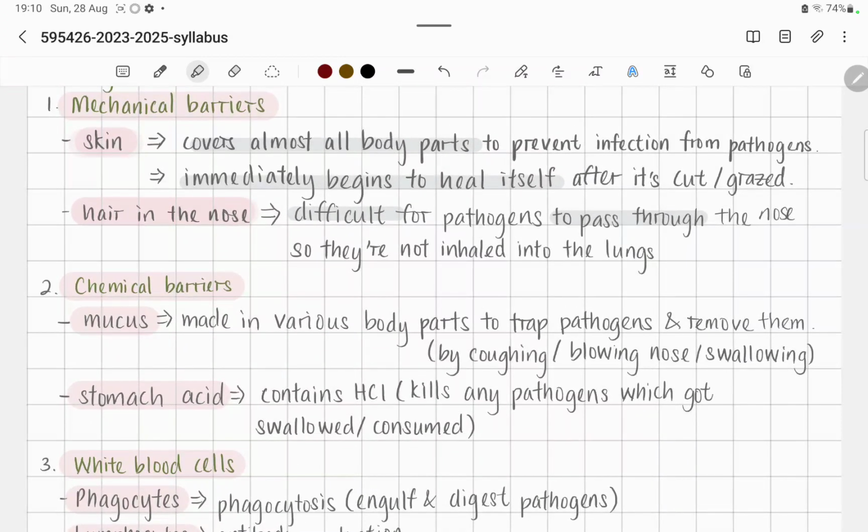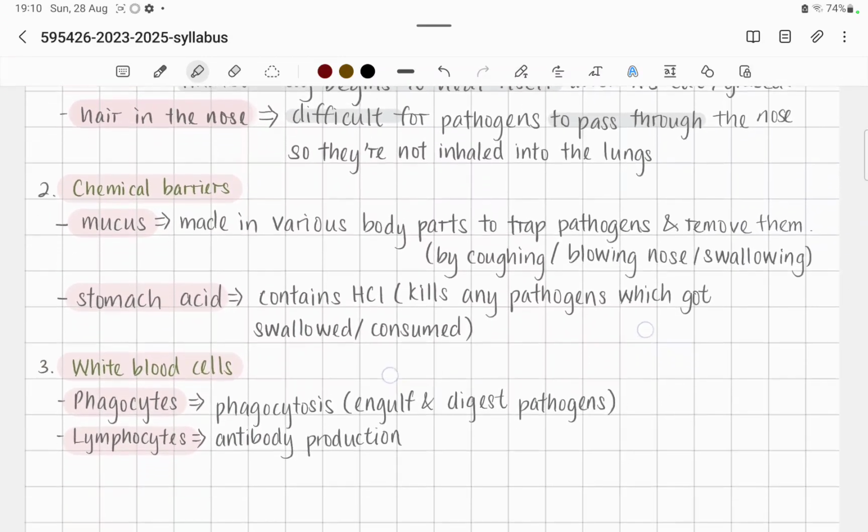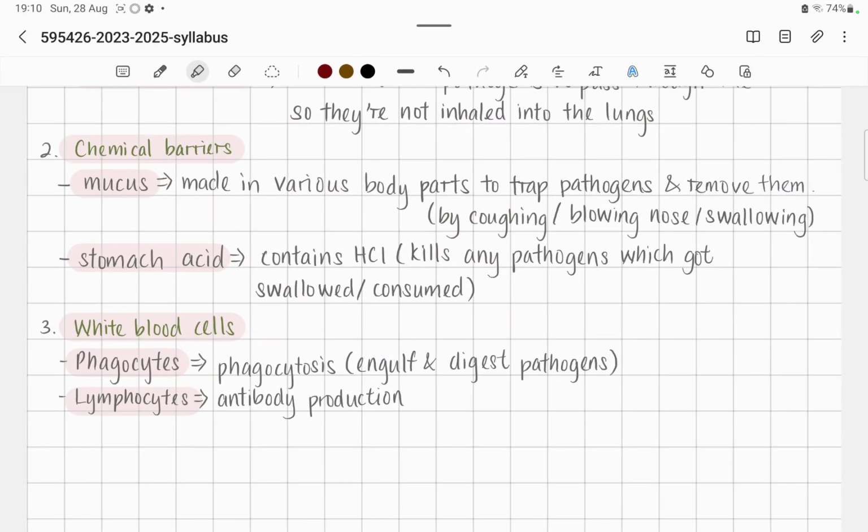These 2 are for mechanical barriers. For chemical barriers you have mucus and stomach acid. Mucus is made in various body parts to trap pathogens and remove them. You have a few ways to remove it: coughing, blowing the nose and swallowing.